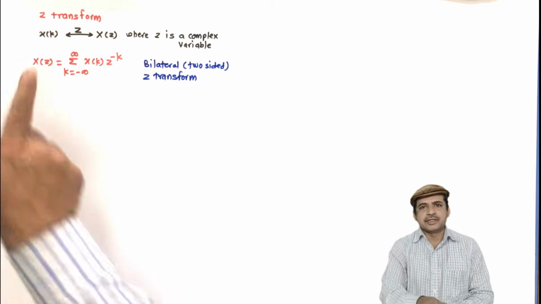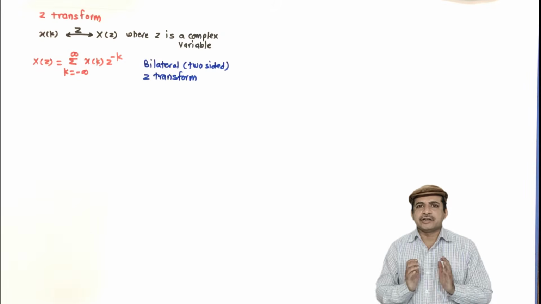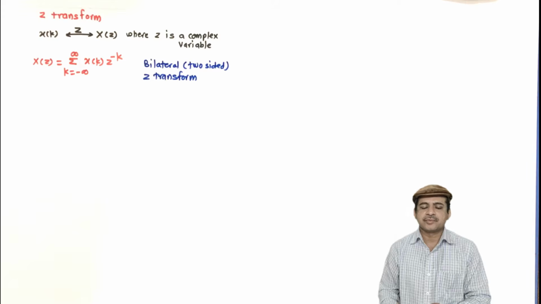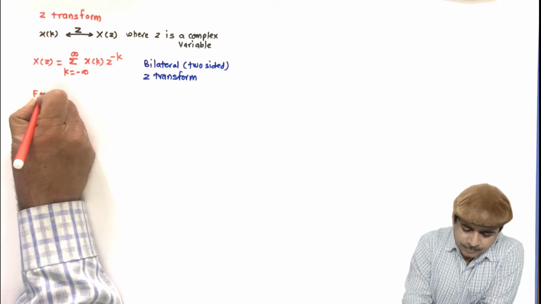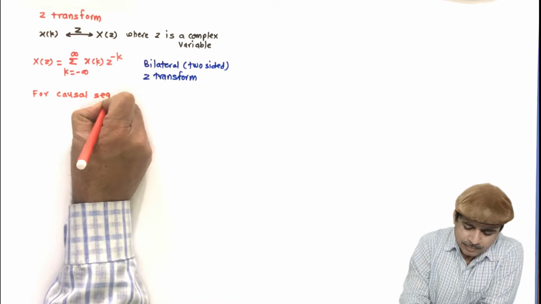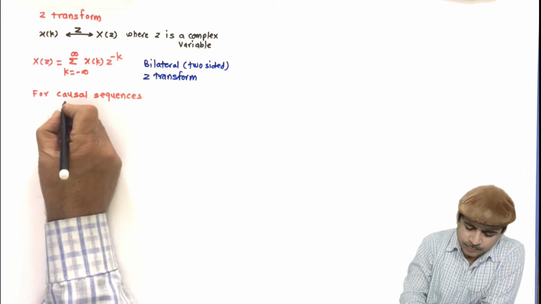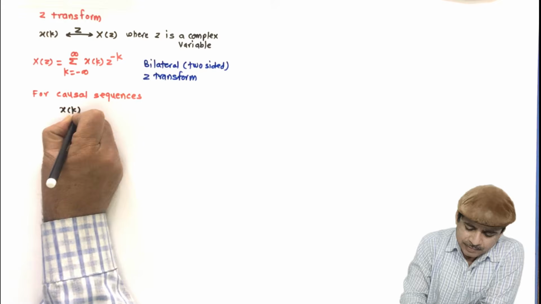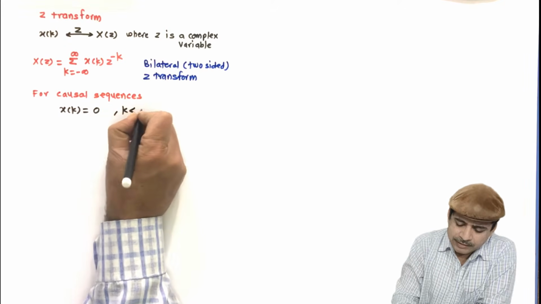But now our perspective to learn Z transform is with reference to control system applications. In control system, the important aspect is that the system or signal must be causal. Now, for causal sequences, x of k is equal to 0 or it is absent for k less than 0.